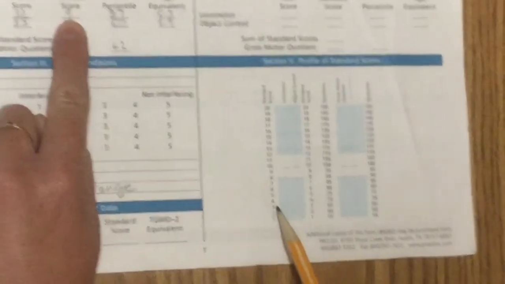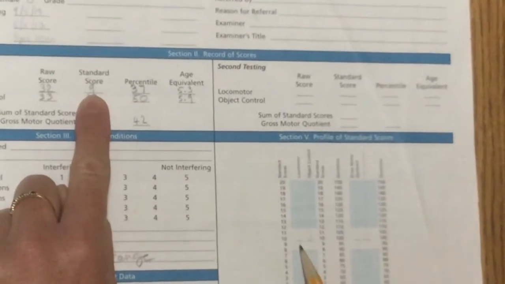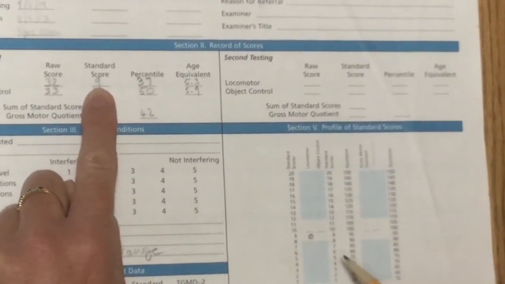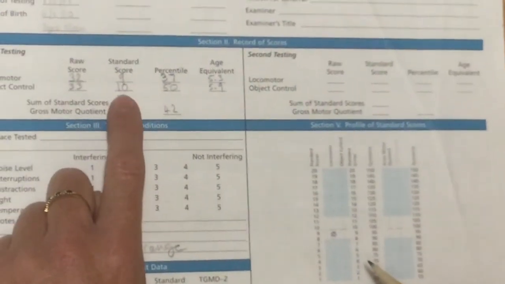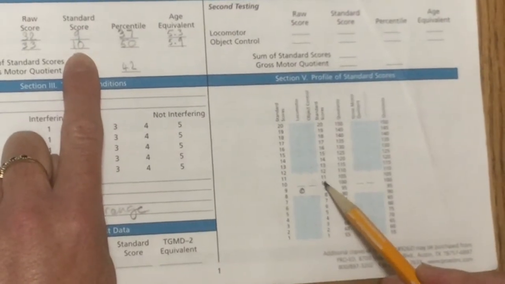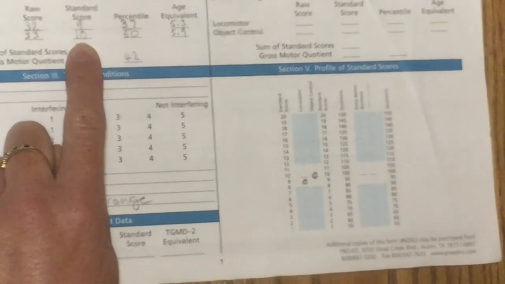I'm going to go up this column, find number 9, and I'm going to put a little circle around that dot. Then I'm going to take a look at his object control, which was a 10, and I'm going to go up the column and find the number 10 and put a circle right there.